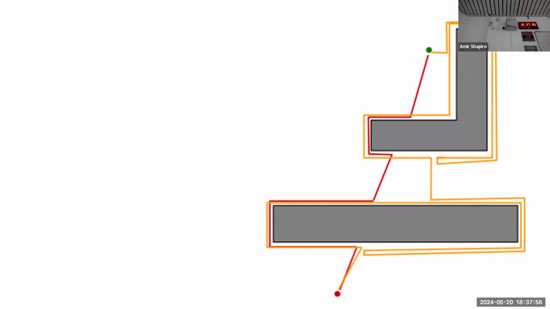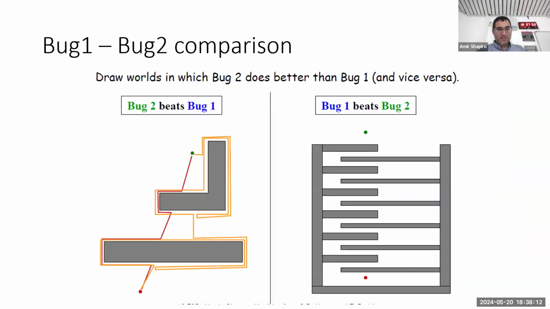If you take from here and recalculate the M line, maybe it's possible. So for this environment, we see that bug two beats bug one.